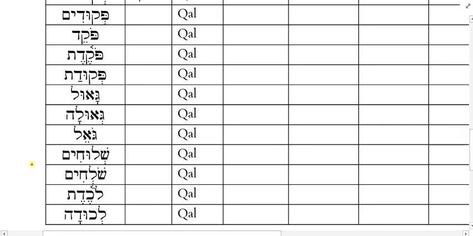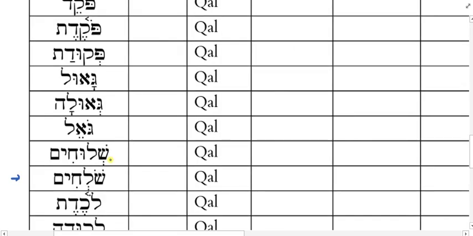Okay. So doing this one here. Do you see 3 identifiable root letters for the verb? Yeah? What are they? That's it. Shin, Lamed, Chet. Okay, so those are the 3 root letters. Now, here's what I want to do.